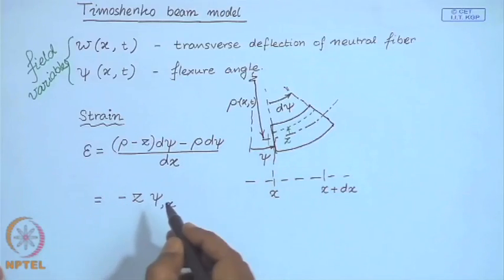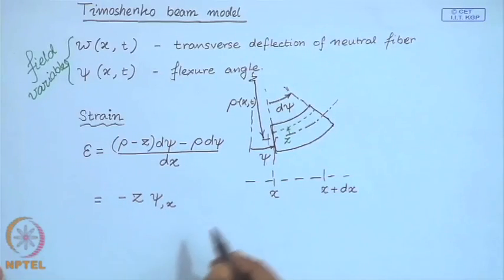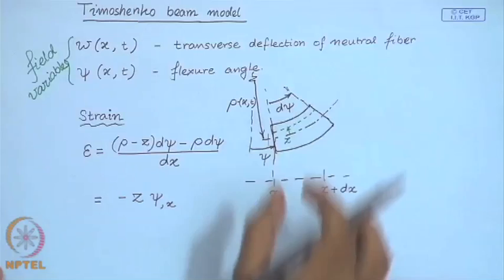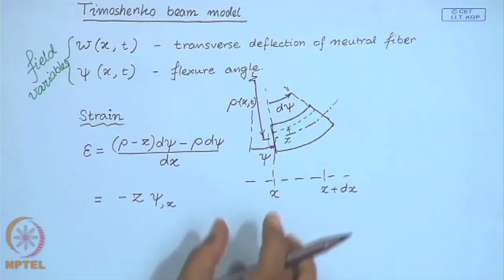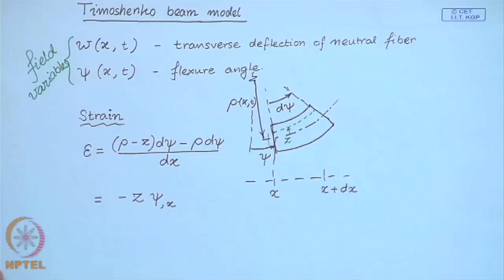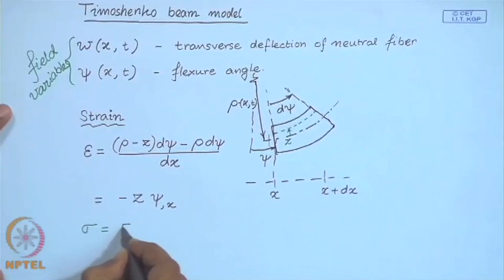So, if z is positive and del psi del x is positive, then you can see that this strain is compressive. Then we can write stress using Hooke's law.